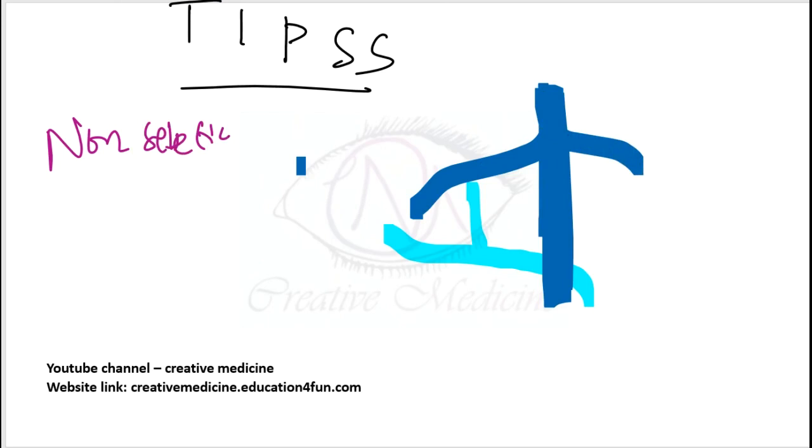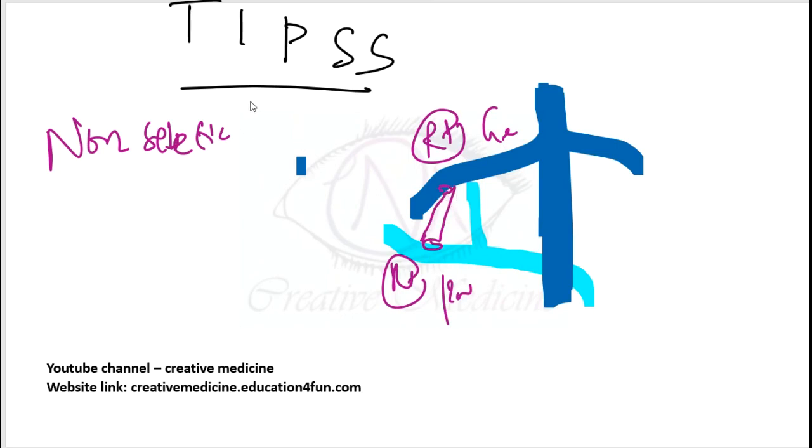Now you will connect the two things. You will make a shunt between the right hepatic vein and the right portal vein. This shunt is called transjugular intrahepatic portosystemic shunt.